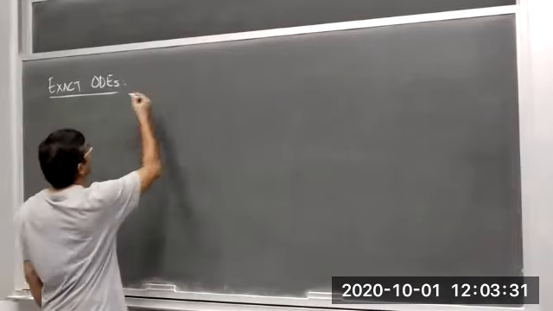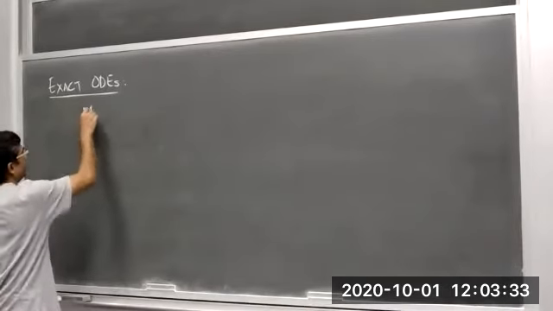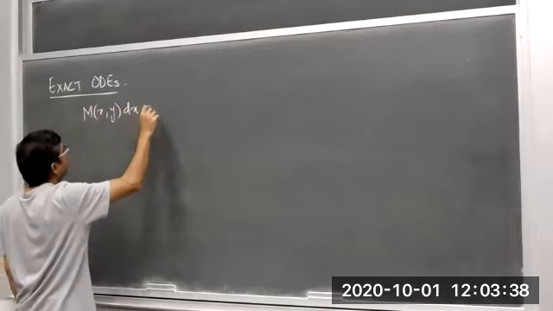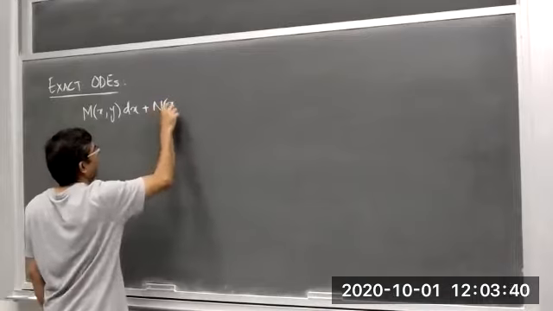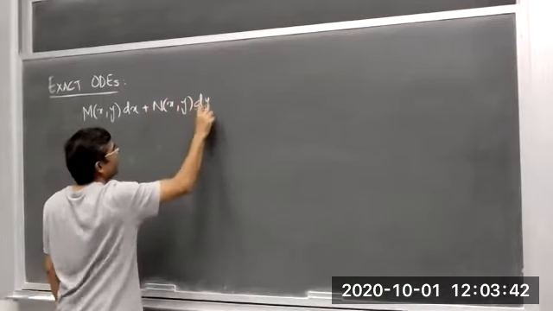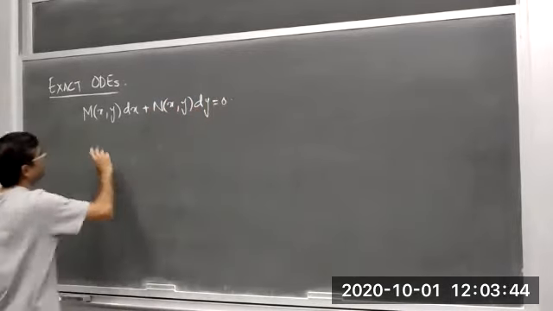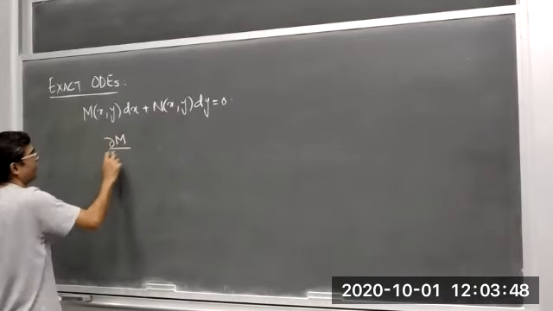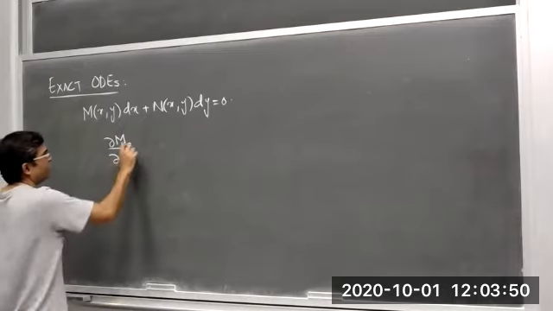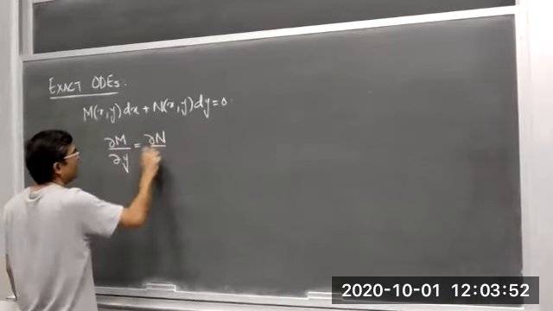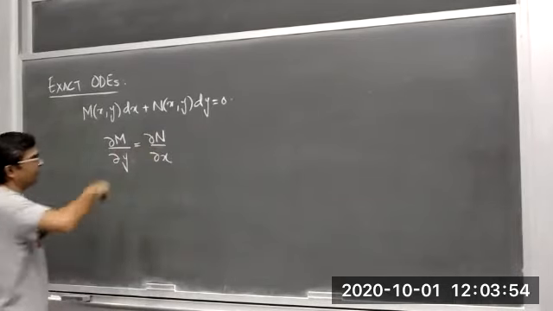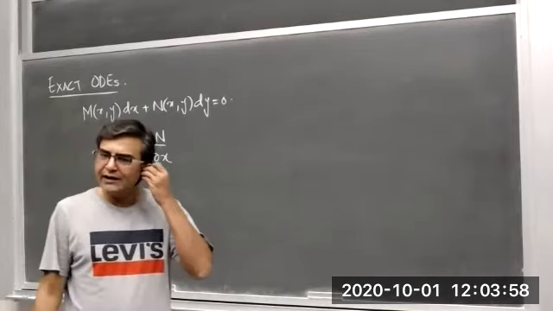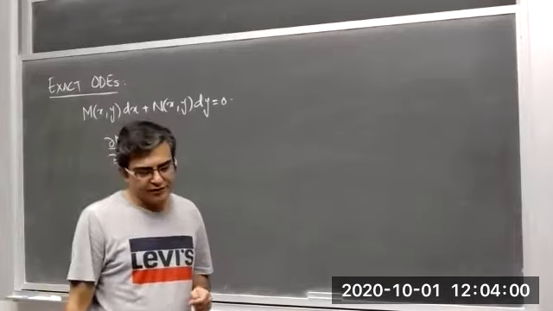For example, if we have a first order ODE of the form M(x,y) dx + N(x,y) dy = 0, then this ODE will be exact if partial M over partial y is equal to partial N over partial x. This is the basic criteria for a first order ODE to be exact.